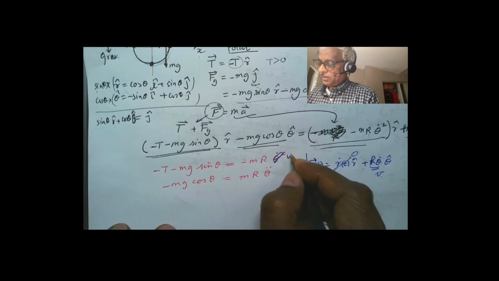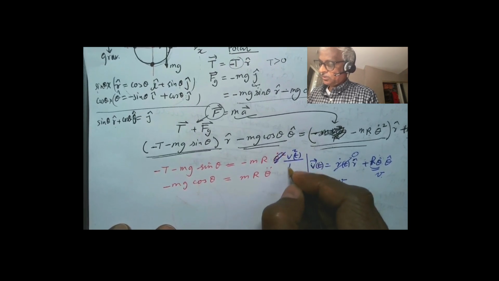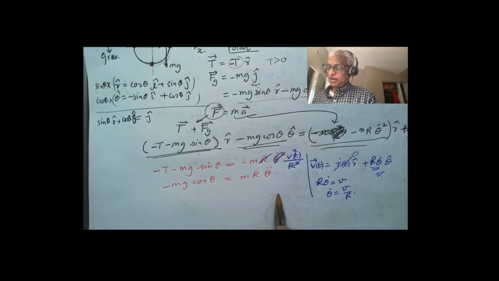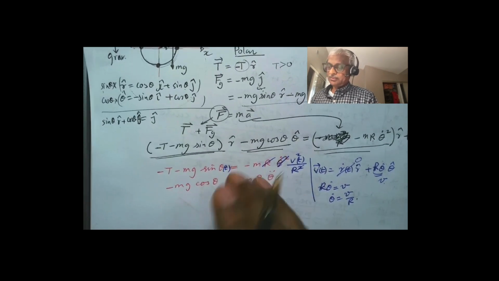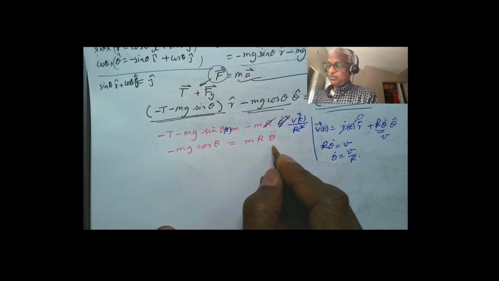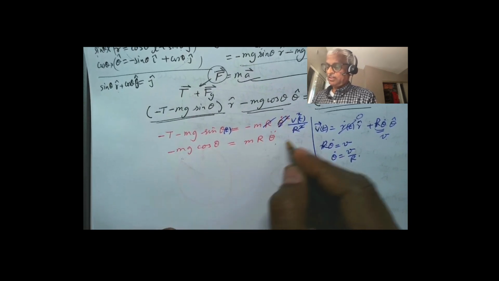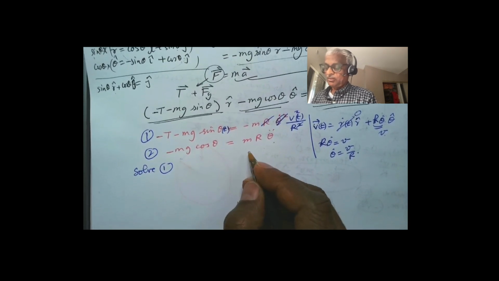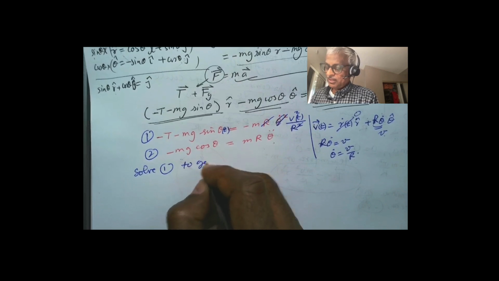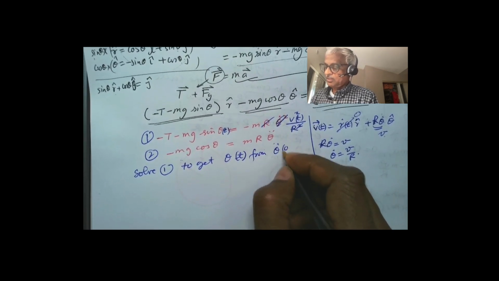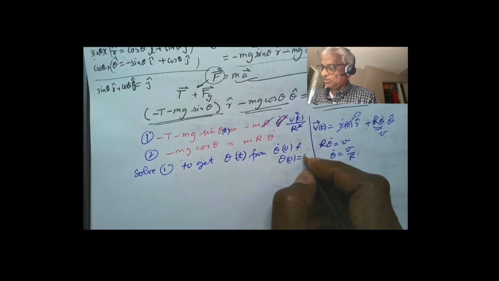So this is v of t square over r square, and this r cancels, so this is mv square over r. And theta tells me where it is at this instant, it was an angle theta. In order to figure out theta completely, I have to solve this second equation. So I have two equations. Solve one, which is very hard to solve, to get theta of t from theta dot of 0 and theta of 0 equal to 0.